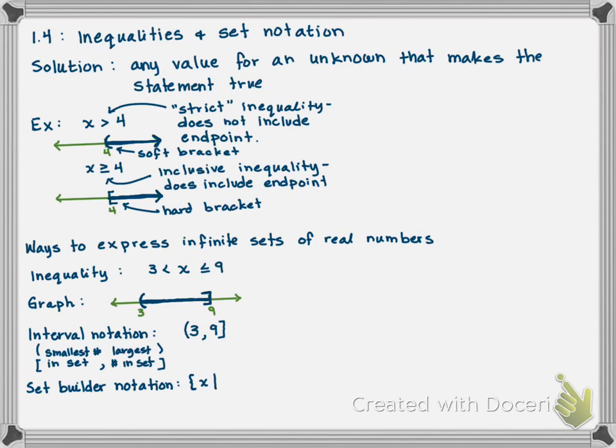And then we do a line, which is read "such that," and then we list the conditions that the members of our set have to satisfy. In this case, and this is why it feels a little silly, you're just copying the inequality.